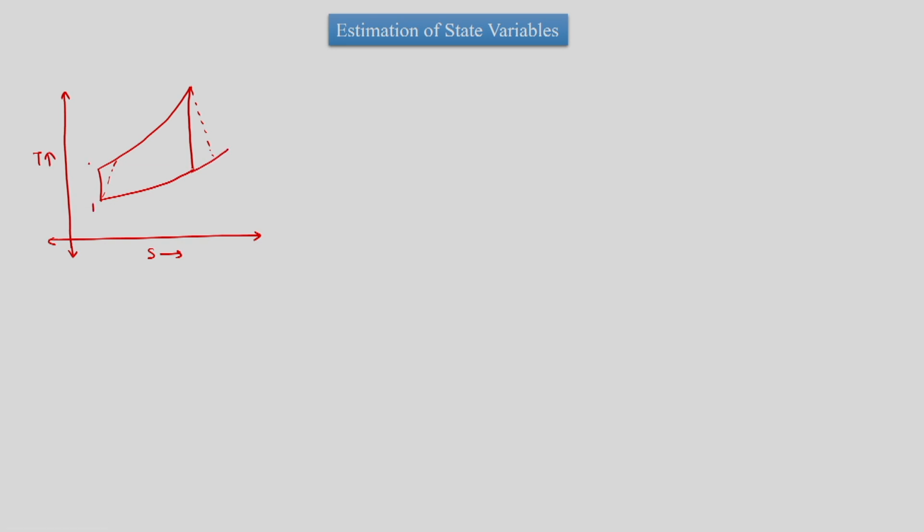So 1 to 2 dash to 2 to 3 to 4 dash to 4 to 1. The known things we had considered were Rp, T1, P1, T3. So practically beta is known to us, gamma, Cp. These were the known things in case of ideal.